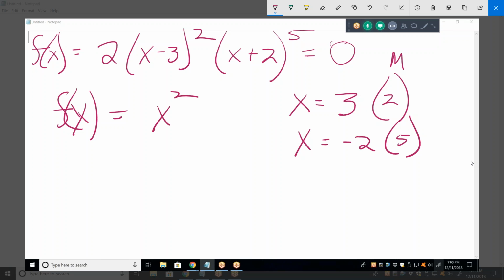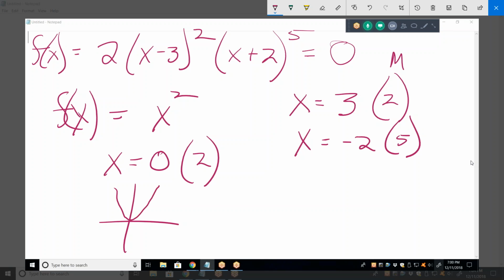Well, I got x equals 0 as a solution, but the multiplicity is 2, correct? Yeah. And if I graph that, it bounces off the x-axis and goes back up. So I can always go back to this example, as long as I know that's a parabola that touches at the origin, then that tells me how to treat my multiplicity.